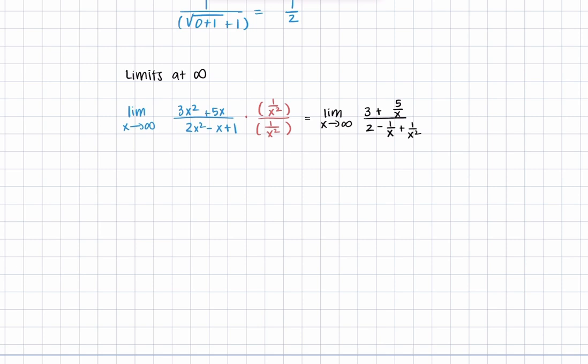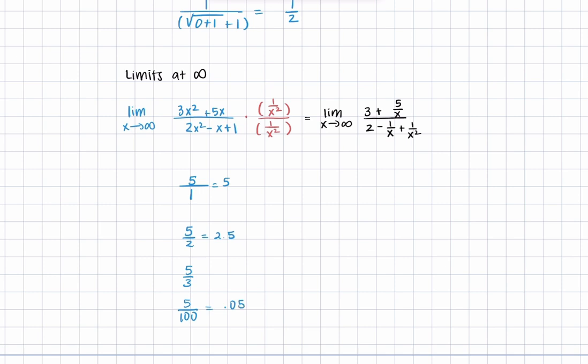Now, if I plug in infinity for the x values, you kind of have to think about it in a logical way. Let's say we had 5 as our numerator, and I put the number 1. This equals 5. 5 over 2 equals 2.5. You can see the numbers get smaller and smaller as the denominator increases.